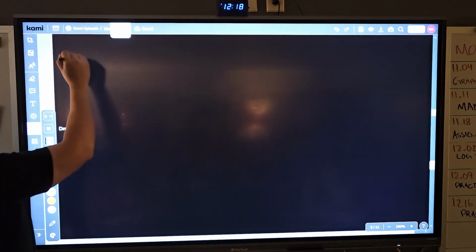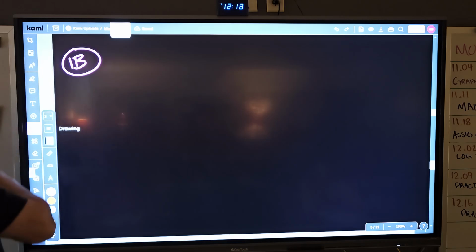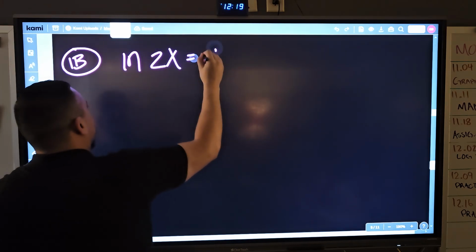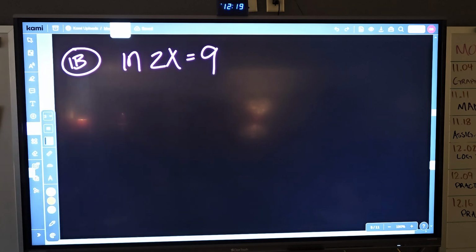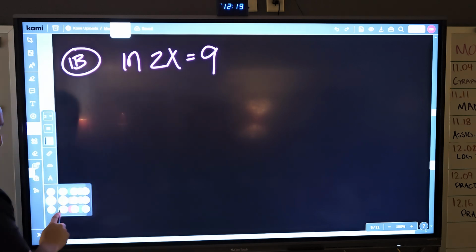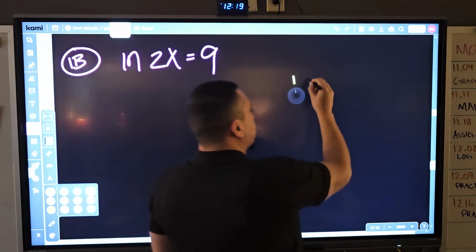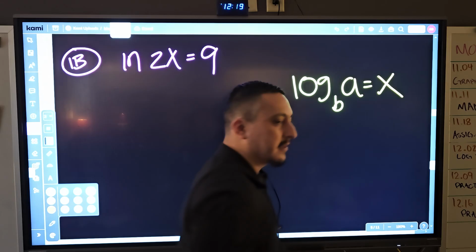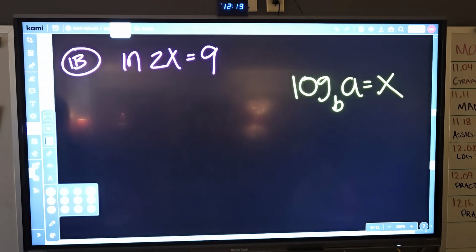Okay, 1b. Same type of problem. ln of 2x equals 9. Again, the big question you have to ask with these is, is it in this form? What do you guys think?